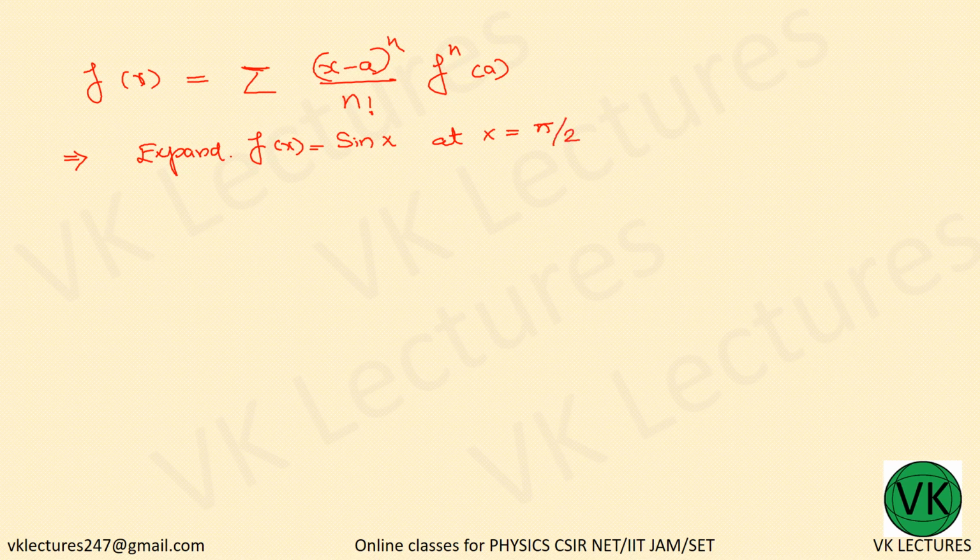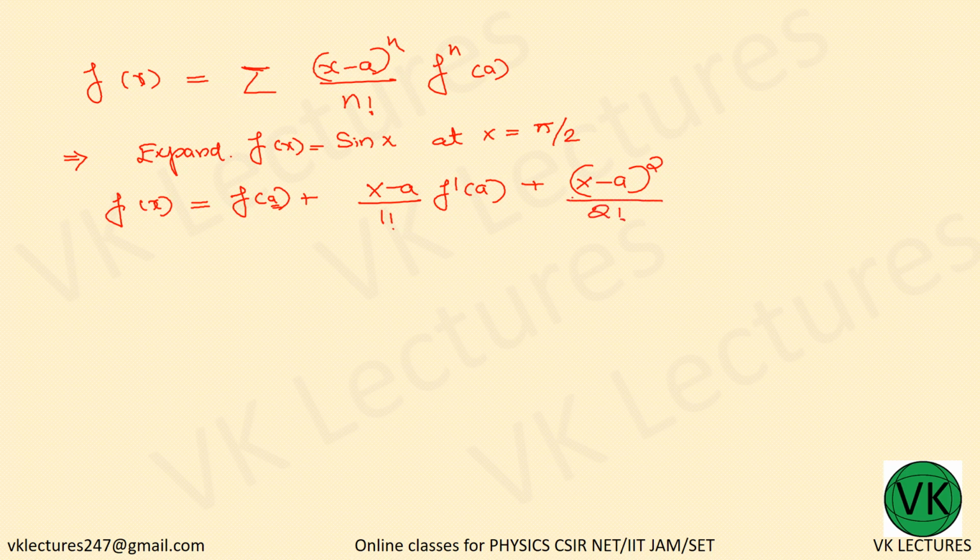Now immediately once you get the question, kindly please write down the expansion until you are familiar with it. f of x is equal to f of a plus x minus a by 1 factorial into f dash of a, plus x minus a whole square divided by 2 factorial into f double dash of a, plus x minus a cube divided by 3 factorial into f triple dash of a.